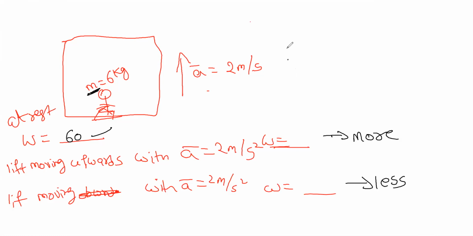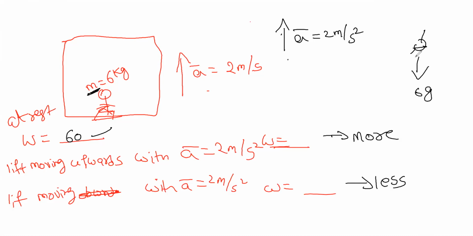Okay. Now, when it is moving upwards with an acceleration of 2 meters per second square, tell me the forces acting on this person. Force due to gravity downwards, 60.